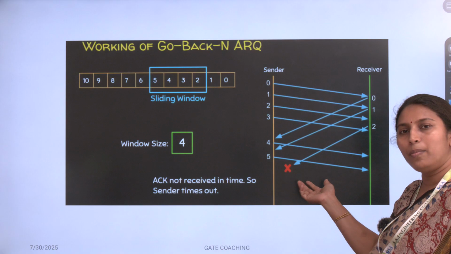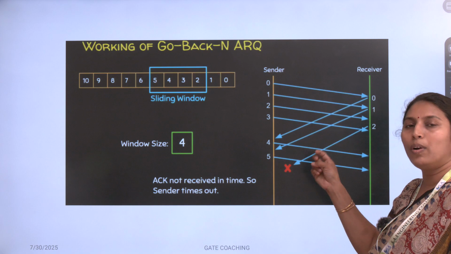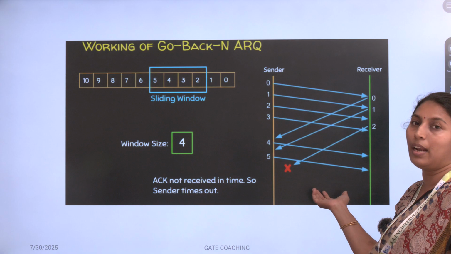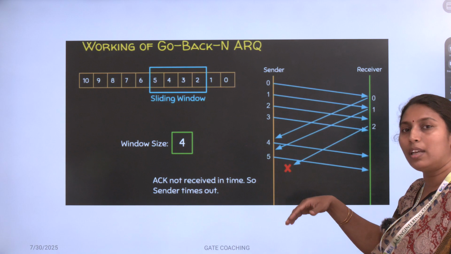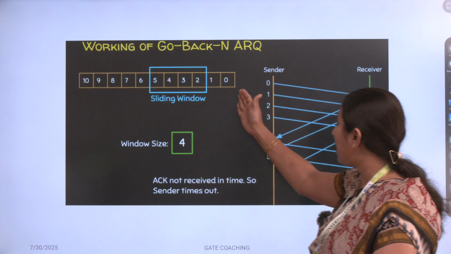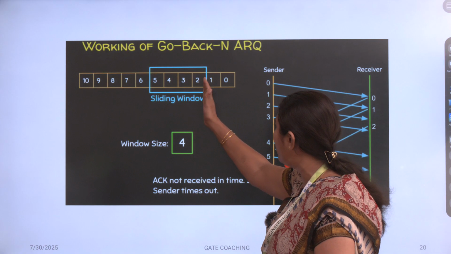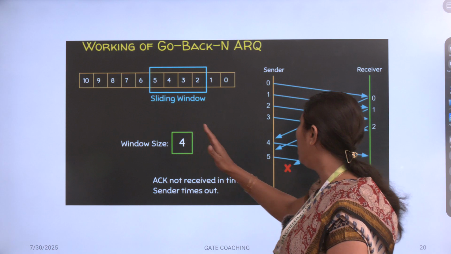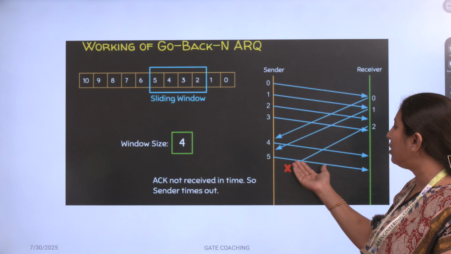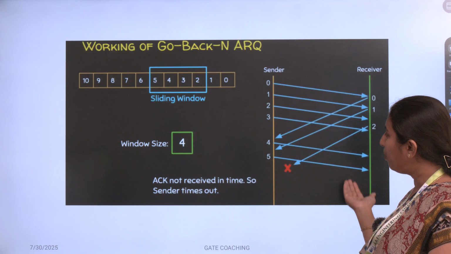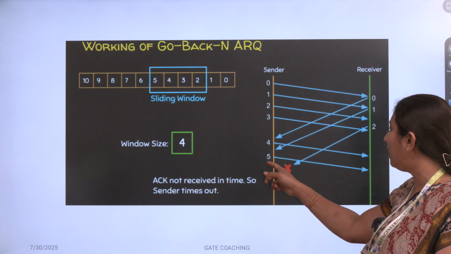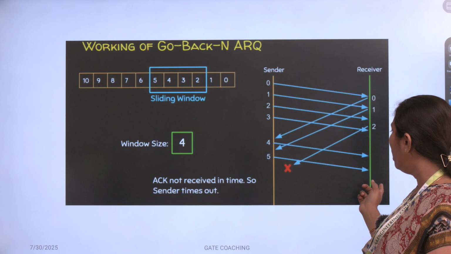So how many frames remain unacknowledged on the sender side now? Only 2 frames. So we can now send 2 more frames. The sliding window moves from 0, 1, 2, 3 to 2, 3, 4, 5. Now it is ready to send the other 2 packets from sender to receiver, so frame 4 and frame 5 are given to the receiver.